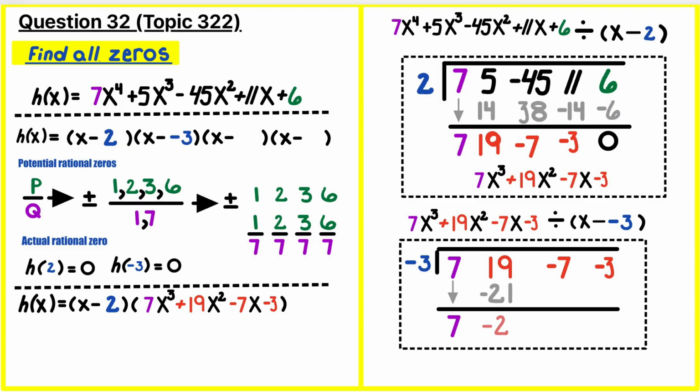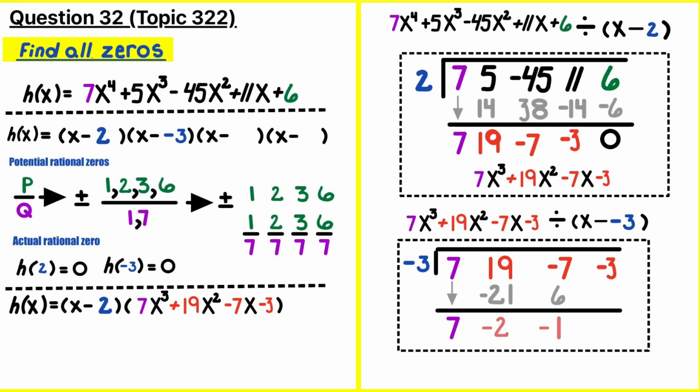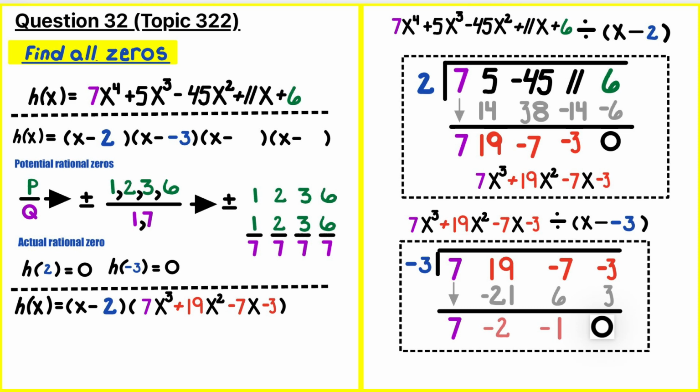Oh, excuse me, -2. And then -3 times -2, +6. -7 and 6 make -1. Multiply the -3 off to the side with that -1, and we get +3. Adding, we get 0.